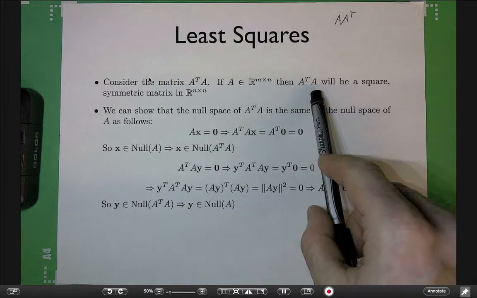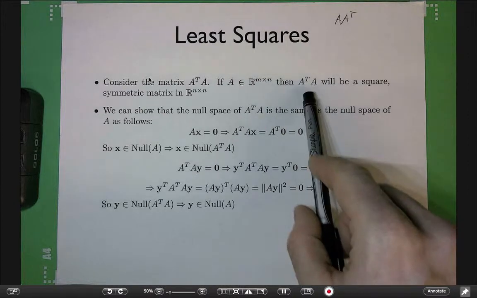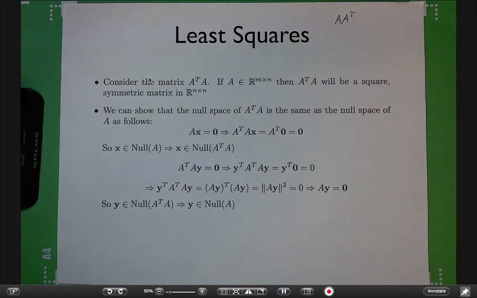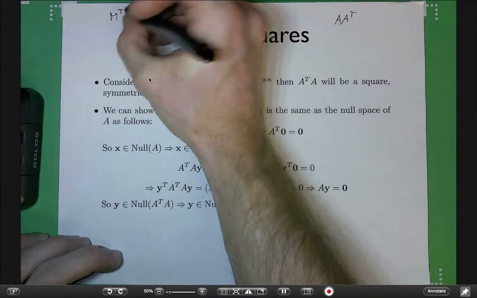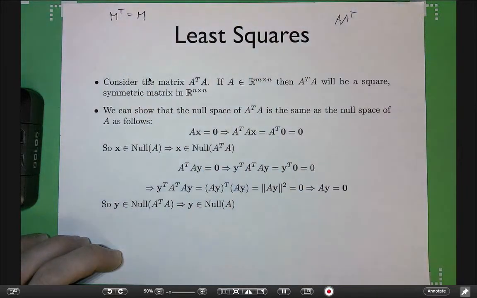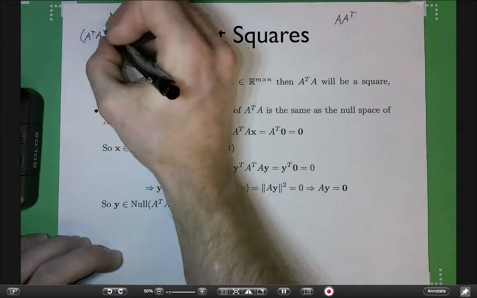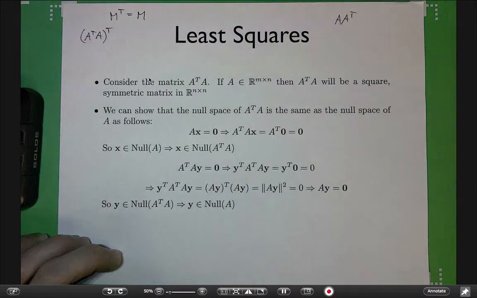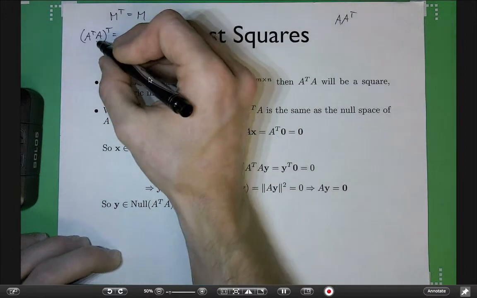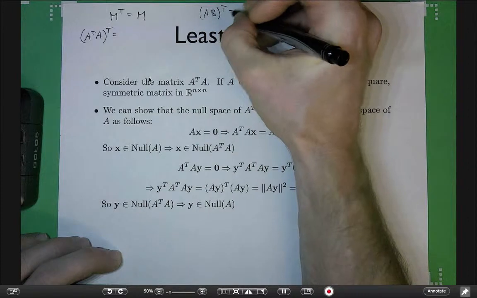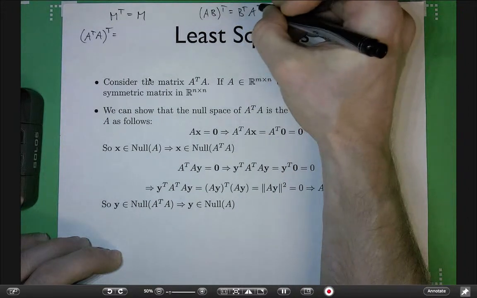So the first thing to notice is that A^T A is square, and it's symmetric. That's another cool thing. Symmetric matrices are those that after transposition I get the same thing, right? So why is it true about A^T A? Well, let me transpose A^T A, right? You remember if I have (AB) transpose, it gives me B^T A^T, right?